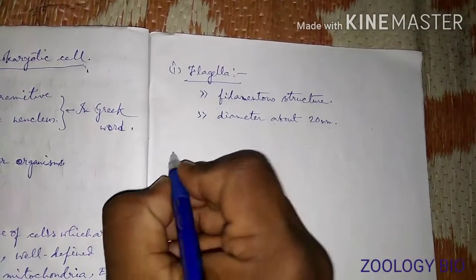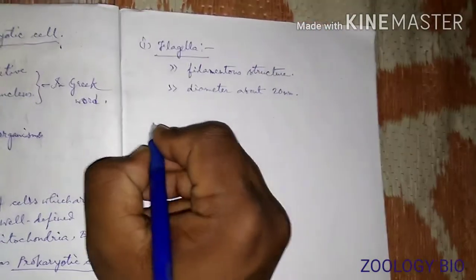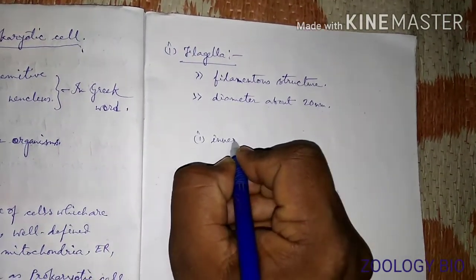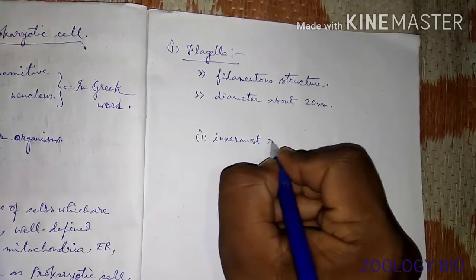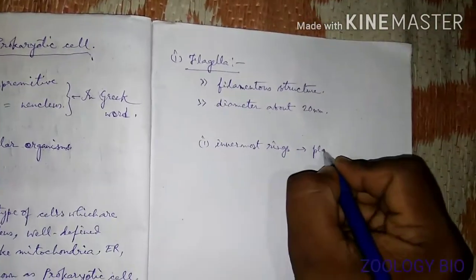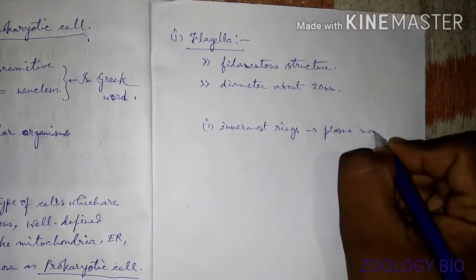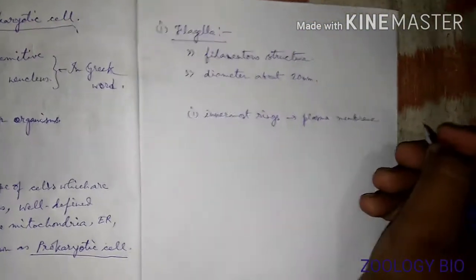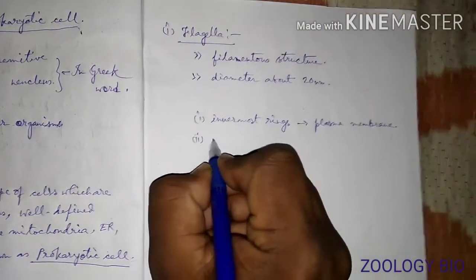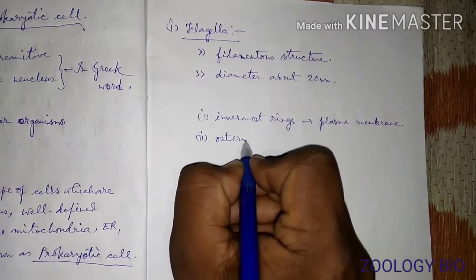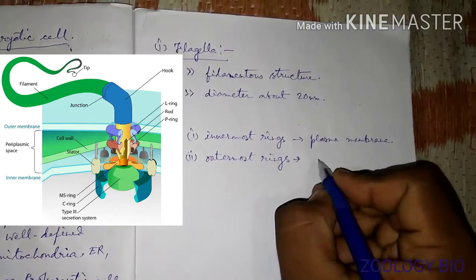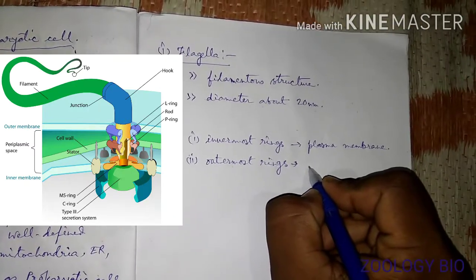So the flagellar rings are divided into two main sets. The first one is the innermost rings, which are located in the plasma membrane, while the second one is the outermost rings, located in the periplasm.